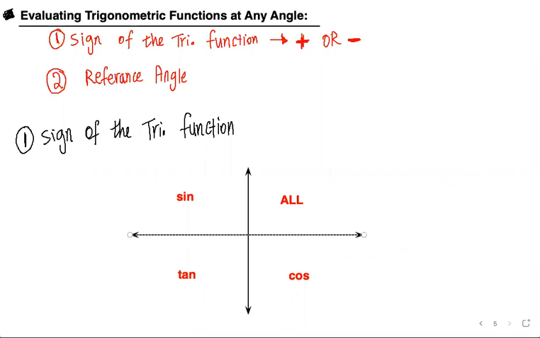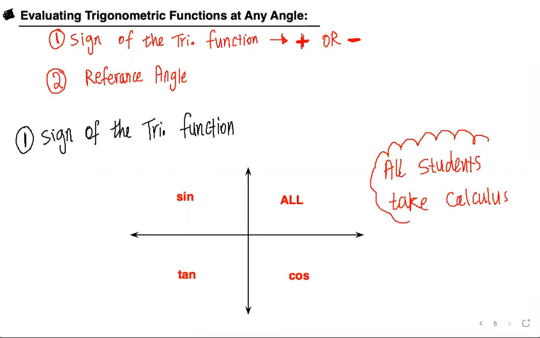So in the first quadrant, all trigonometric functions are positive; then sine, tan, and cosine.